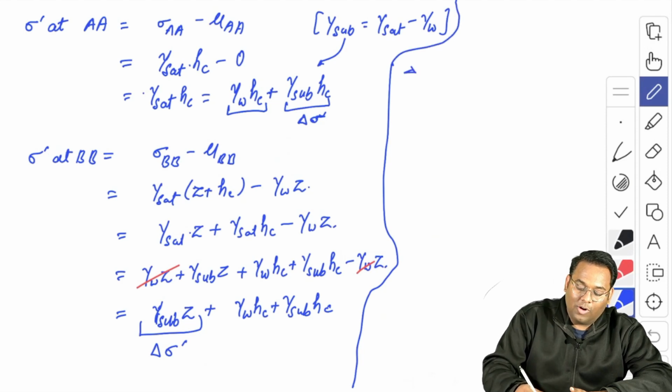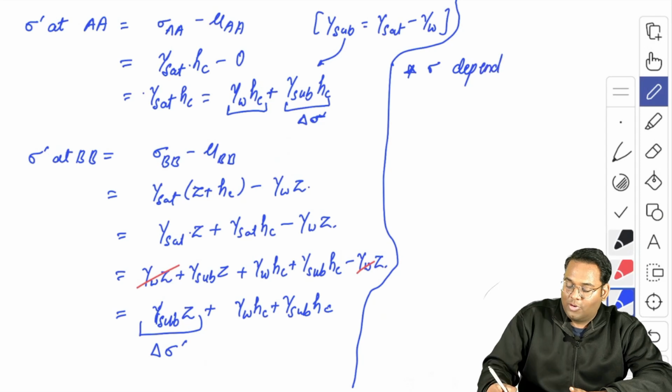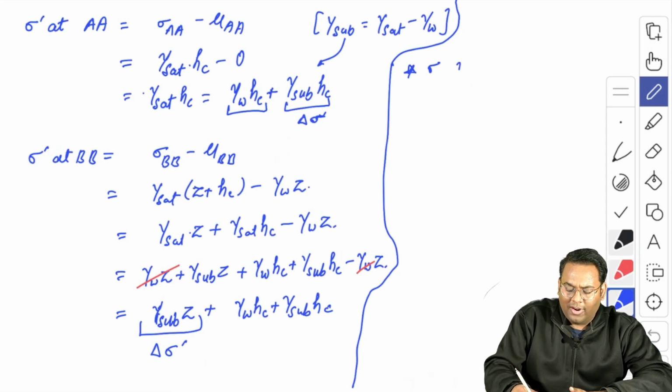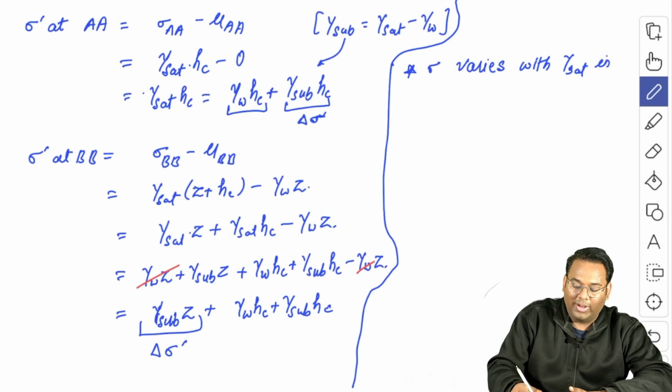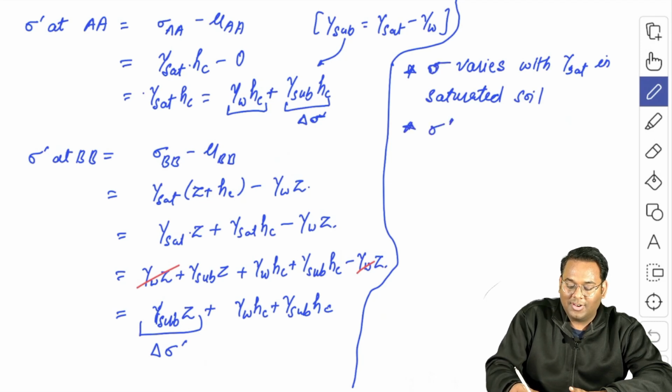So what I can write down here is that total stress varies with gamma saturated in saturated soil, whereas about the effective stress, I can simply say that effective stress varies with gamma submerged in saturated soil.